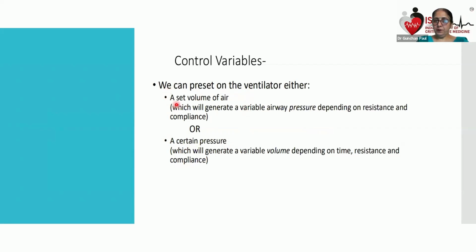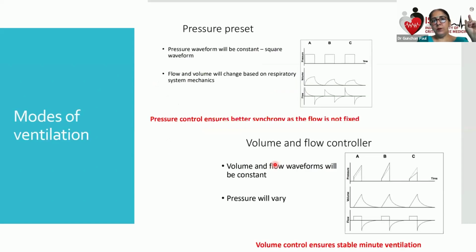If you set a volume of air, it means the pressure in the airways will vary depending upon the characteristics of the lung. Or if you have fixed a certain pressure, then that pressure will generate your volume. So you should understand that either they are volume preset modes or there are pressure preset modes.